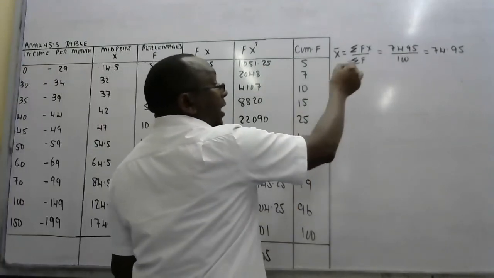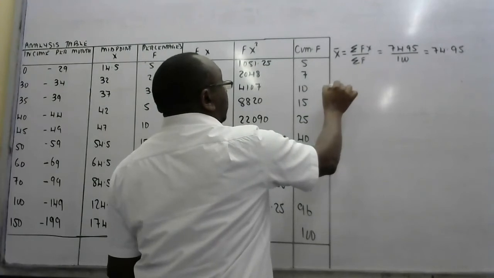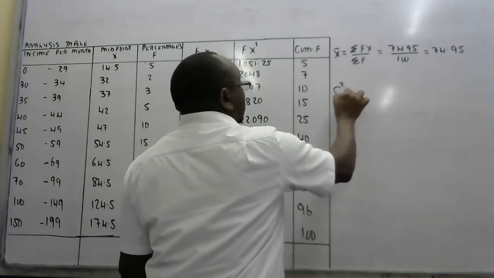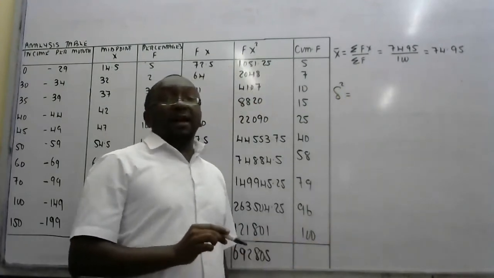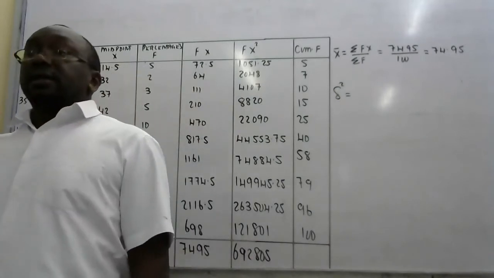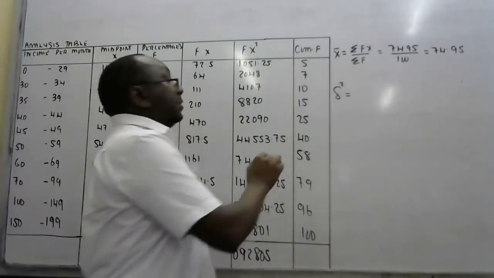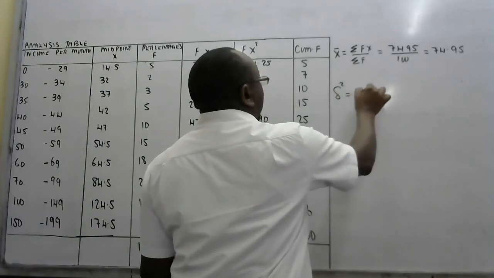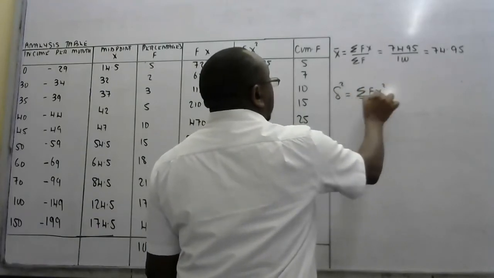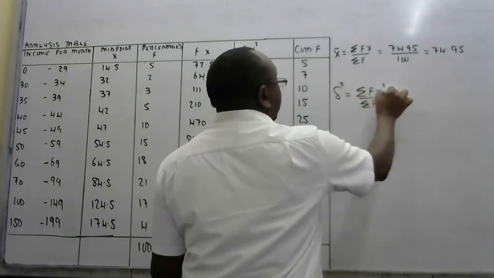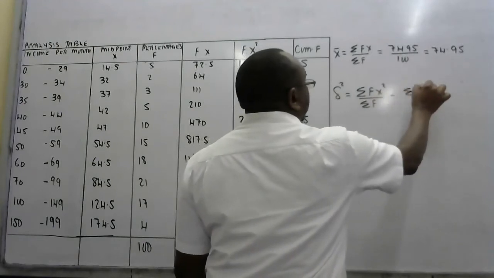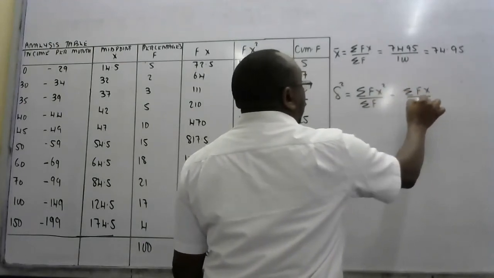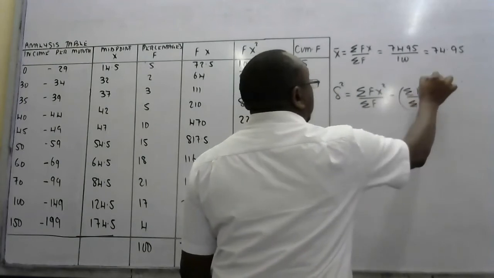Haya, tukikuja kwa dispersion, maybe I compute variance. So variance is given as sum of fx squared, we divide by sum of f, minus sum of fx, we divide by sum of f.